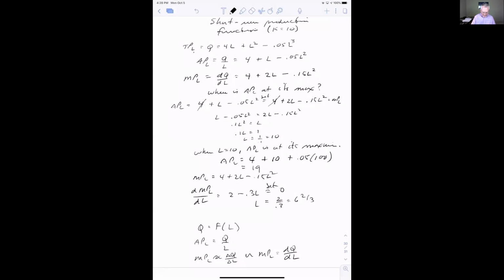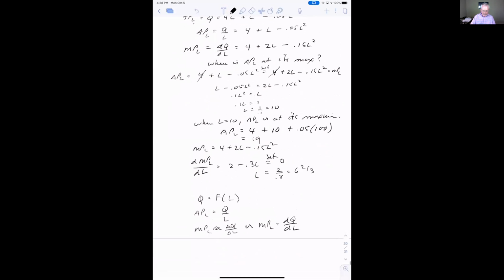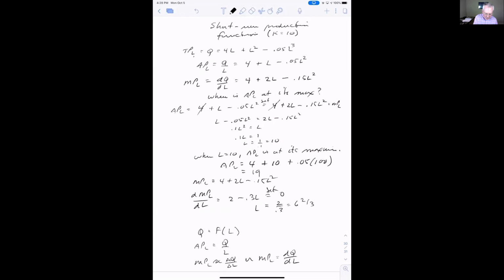Now I want to go back, because last time I made an algebraic mistake and I don't like that. So let me go back to what I was doing last time, and let me correct my mistake here. So what I had was a short run production function, which you may recall was Q is equal to 4L plus L squared minus 0.05 L cubed.